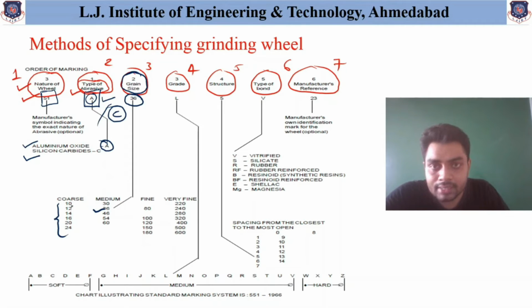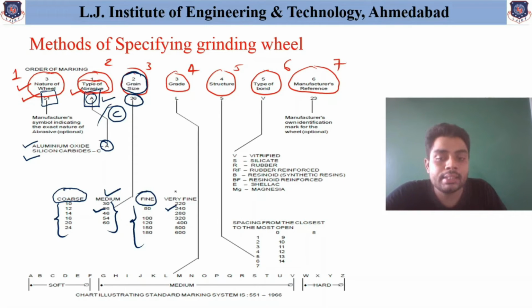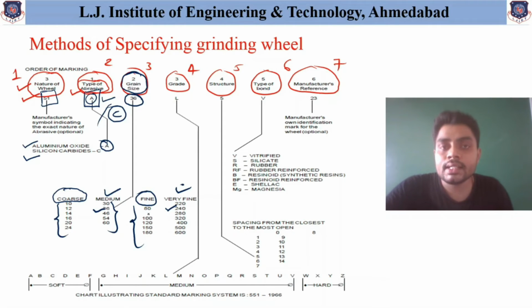Similarly, if the numbers are given in the range of 10, 12, 14, 16, 20, 24, then they are called coarse particles. If the range is shown over here, then it is called medium particles. If the range shown over here is 80 up to 180, it is called fine particles, and if the range is more than 220, then those particles are called very fine particles, and these fine particles are used for finishing purposes also.